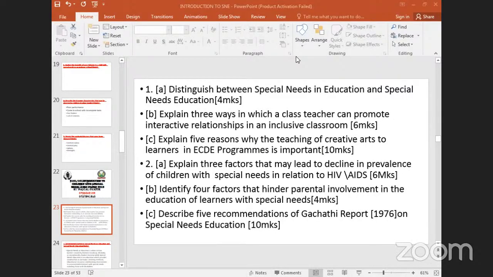Samuel, I have a point. Can you also talk of integration of the topic of HIV in the curriculum? There are so many ways HIV can be transmitted, maybe through drugs, and you may find that some of these children with special needs end up using drugs, and through drugs is also one way of getting infected with HIV.